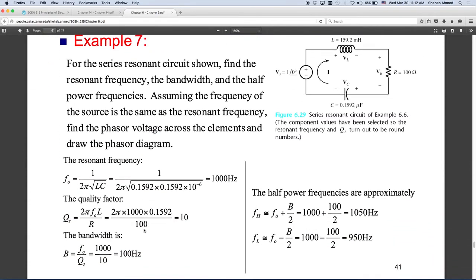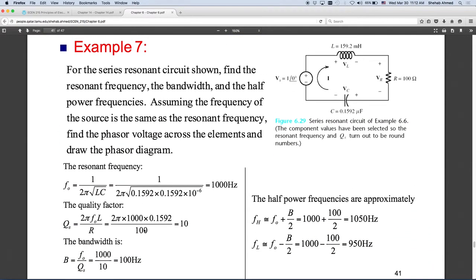We're okay? We repeat the same. So this is an example, which I think we went through last time. Here you're given a circuit with specific parameters, and they're asking you to find the resonance frequency by substituting into the resonance frequency equation, and then to find the half power frequencies. To do that you first need to find the bandwidth, and to find the bandwidth you need to calculate the quality factor.